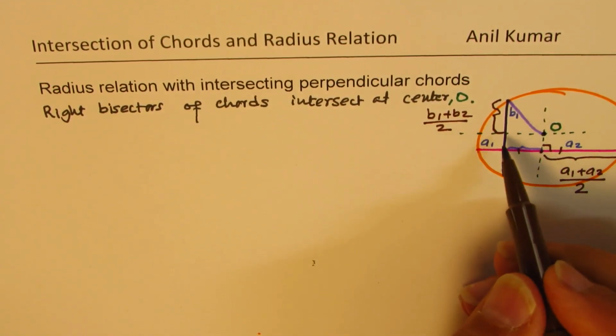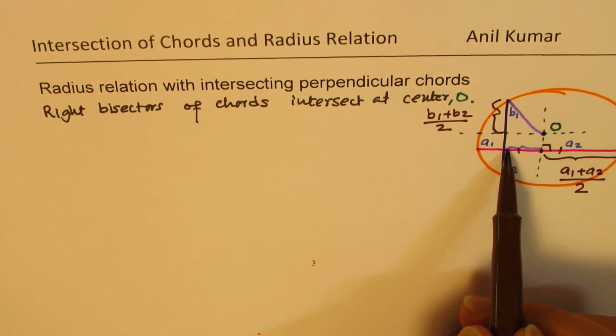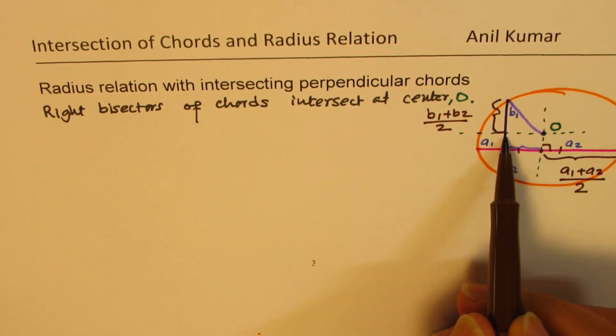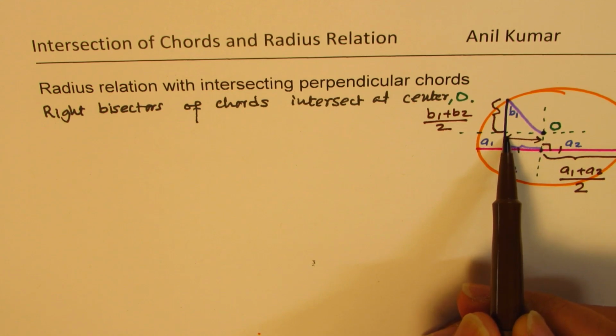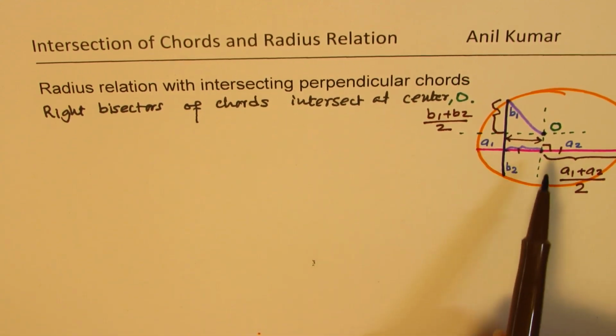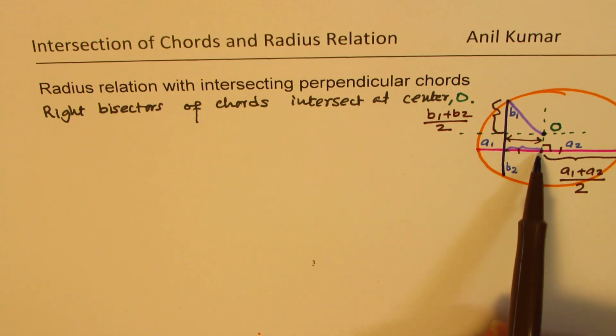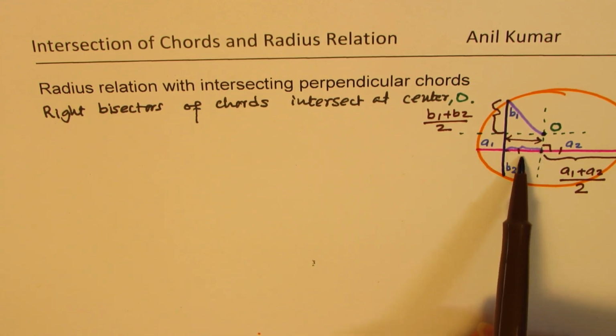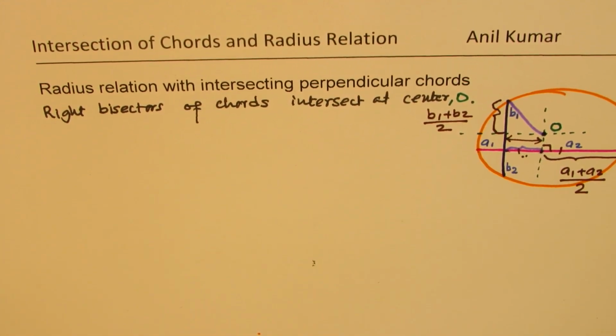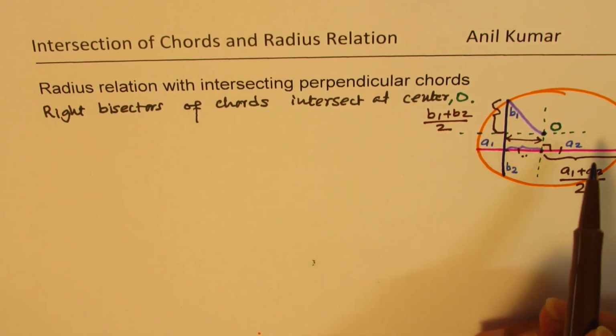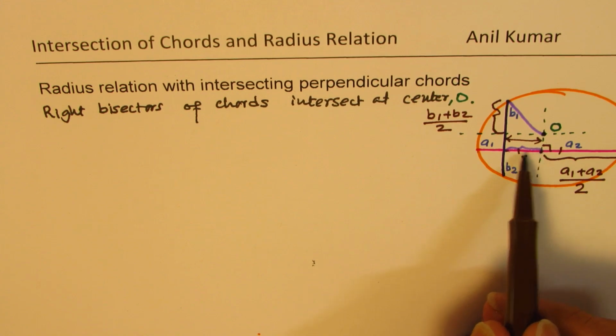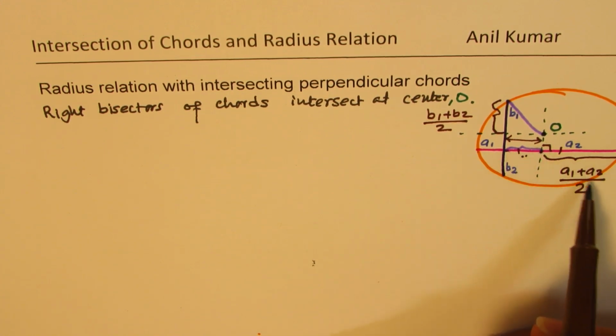Now, we need this length shown here, that much. How much is this? This is what we need to figure out. Well, clearly, this is also A1 plus A2 divided by 2. Take away this portion. Perfect. Now, what we can do here is to find this particular length, which is A2 minus all this.